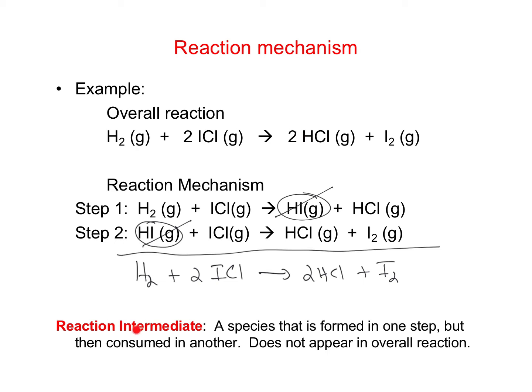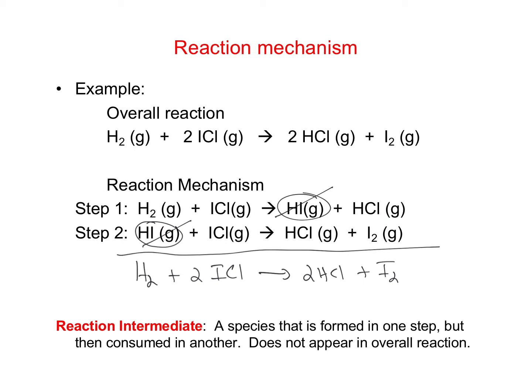These things that we crossed out, if first it appears as a product and then gets used up as a reactant, we call that a reaction intermediate. Note that reaction intermediates do not appear in the overall reaction. Again, each one of these mechanistic steps we would call an elementary step.